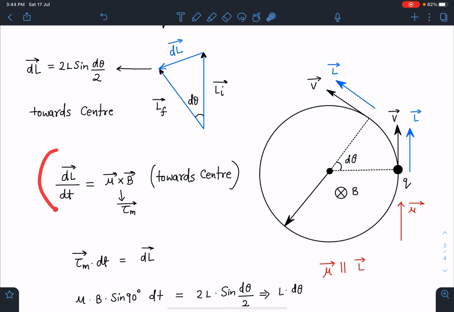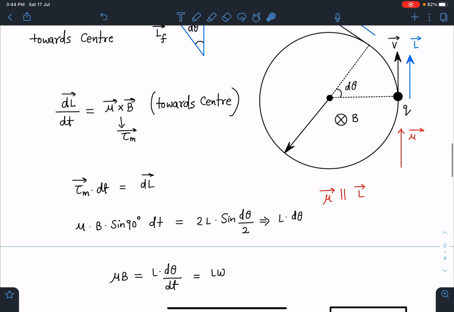So now I can write this dL by dt as mu cross B, and both have direction towards the center of the circle. Now here angular impulse is equal to change in angular momentum, so mu cross B will be mu B sin 90 into dt, and that is going to be equal to the magnitude here, 2L sin d theta by 2, or I can write L d theta.